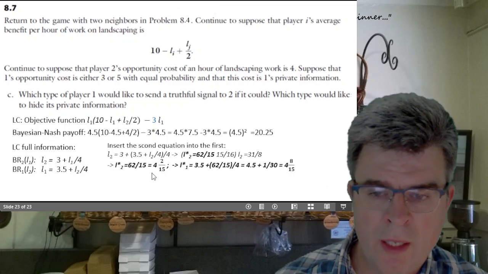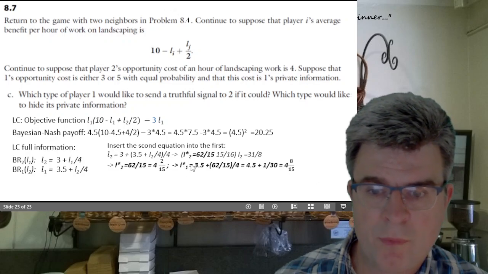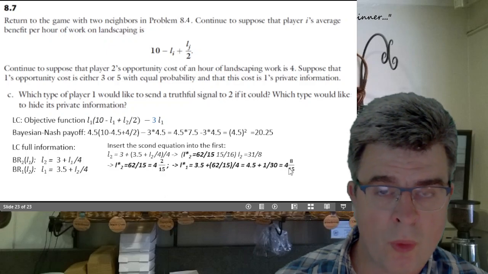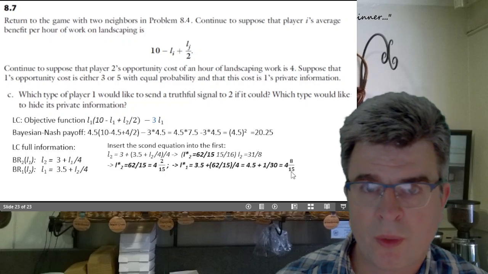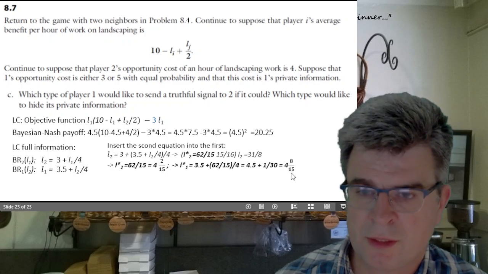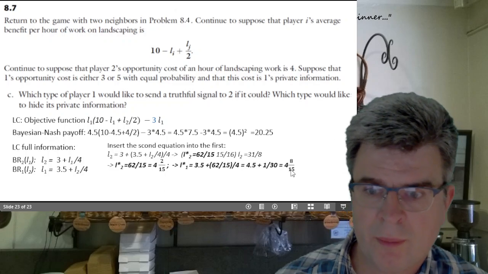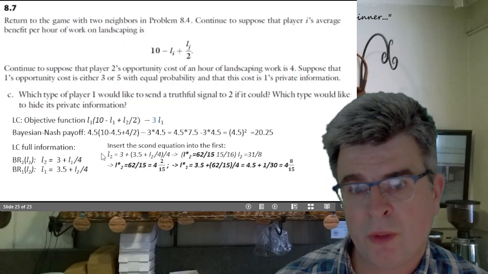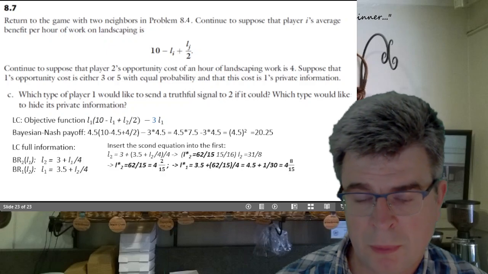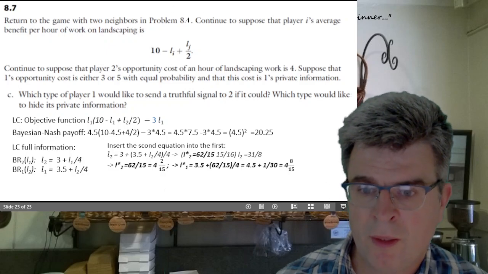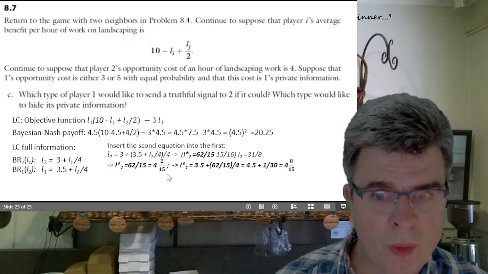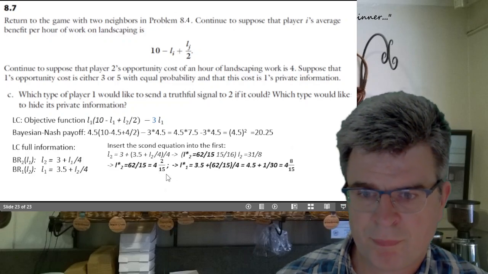So now in equilibrium, you are the low cost type, so you will spend in equilibrium 8 over 15 hours in the garden, which is more than the 4 that you spent in exercise 8.4. And also because you truthfully reveal to your neighbor that you're of the low cost type and you will spend some time in the garden, your neighbor will also spend more than the 4 hours that he spent initially.